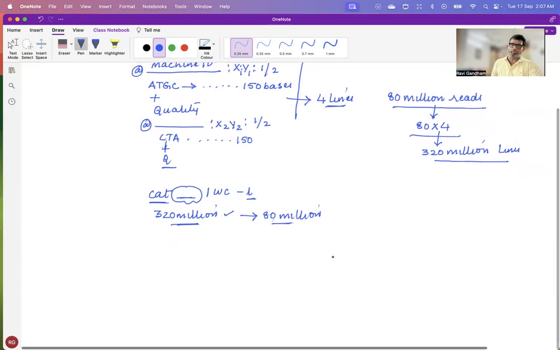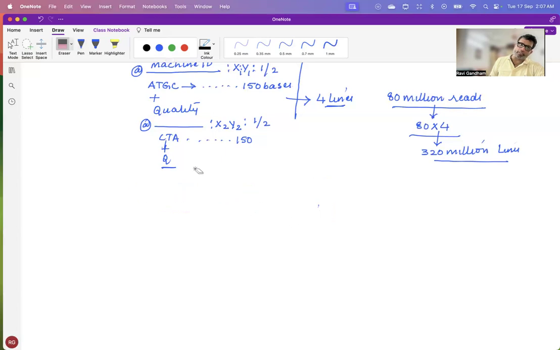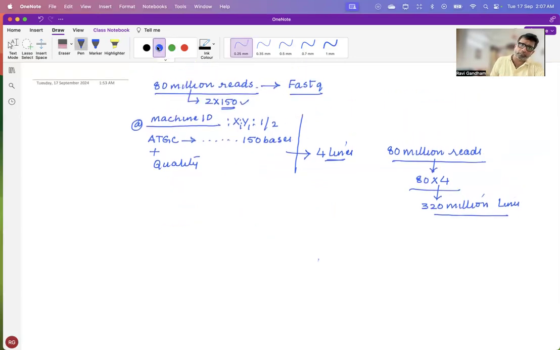Now, the next thing we'll have to understand is that each and every line of the FASTQ format needs to be understood. We'll have a look at each and every line and understand what it means. So we'll go back to this here.